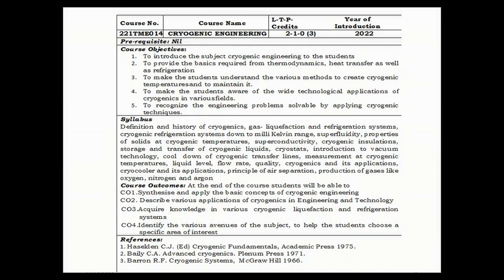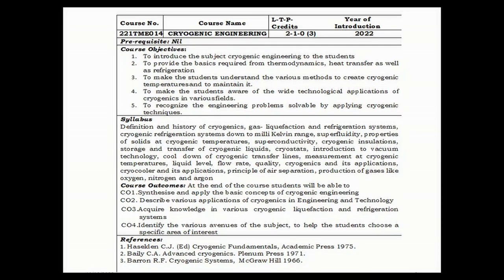So the syllabus of the course will be to define cryogenics and its history, gas liquefaction refrigeration system, cryogenic refrigeration system down to millikelvin range, then important aspects such as superfluidity of helium, then properties of solids at cryogenic temperature, superconductivity, and then cryogenic insulations, storage and transfer of cryogenic liquids, cryostats, introduction to particularly the vacuum technology, and then cool down of cryogenic transfer lines, measurement of cryogenic temperatures, liquid levels, flow rates, quality, and so on.